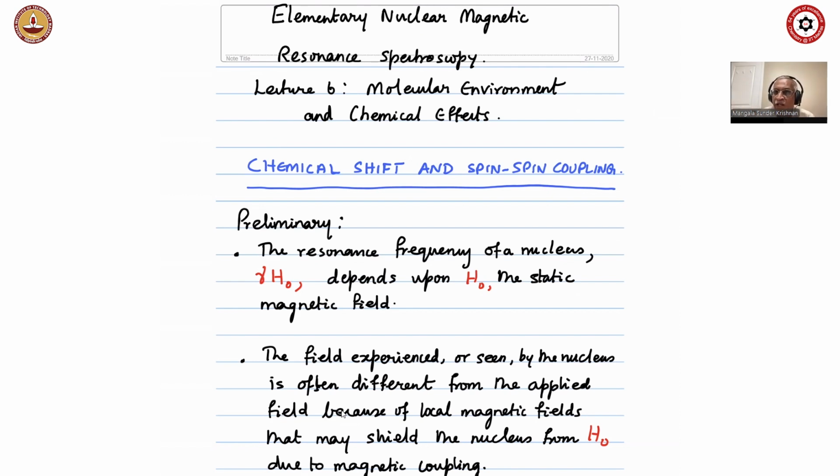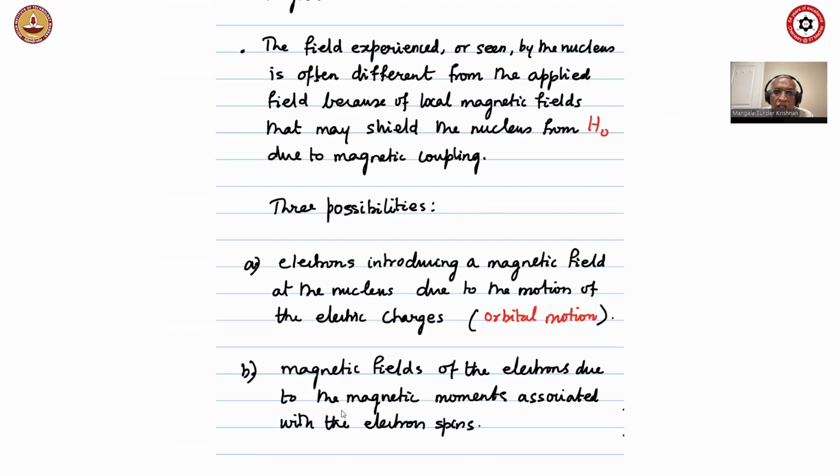But if you put in the H naught, and gamma H naught is only 90 megahertz, then you must increase your magnetic field until it reaches the gamma H naught value of 100 megahertz, otherwise there is no resonance. So you can see that the resonance frequency is directly related to the shift in the magnetic field. We will see that number in the equation below.